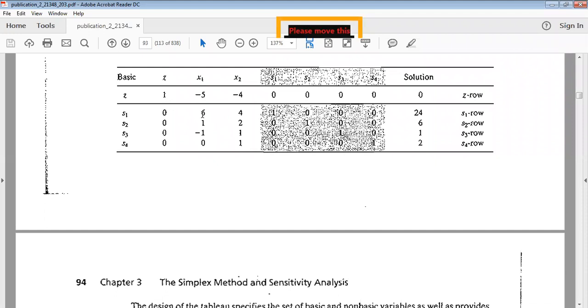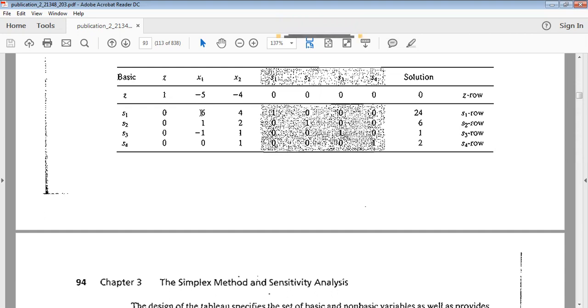So 24 by 6 and 6 by 1, and this is a negative value, 2 by 0. The last two ratios cannot be considered. So 1 by minus 1 cannot be considered, 2 by 0 cannot be considered. Therefore 24 by 6, it is 4, 6 by 1, 6. So this is the smallest ratio, and therefore automatically 6 is going to be the key element.